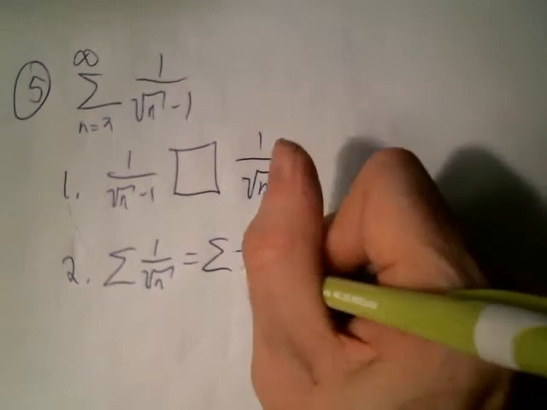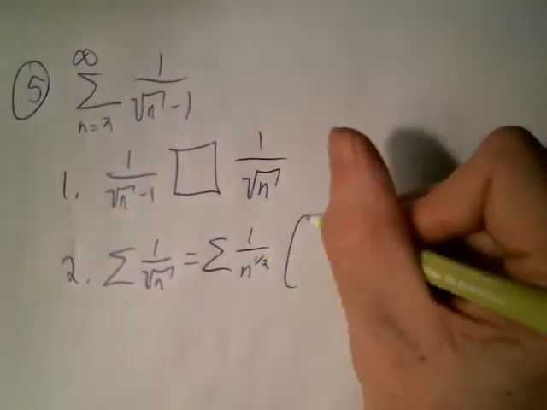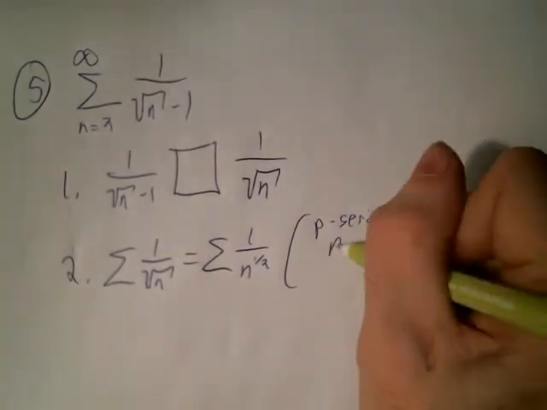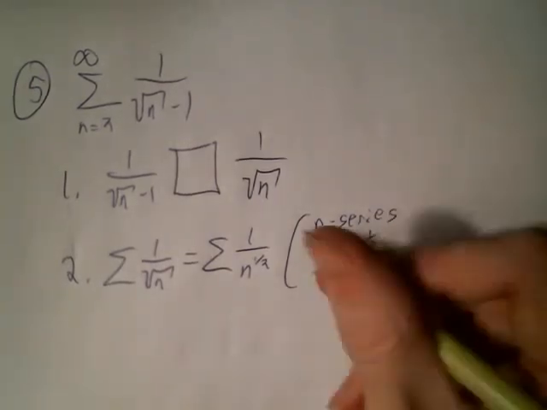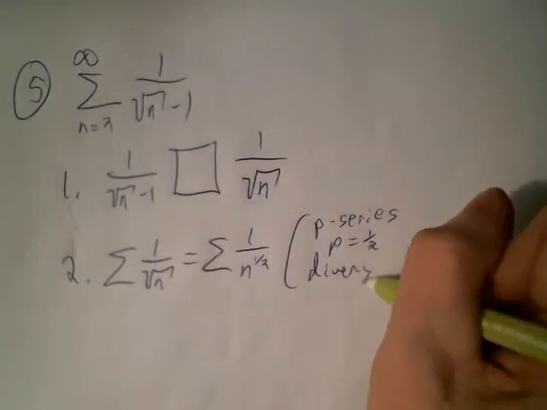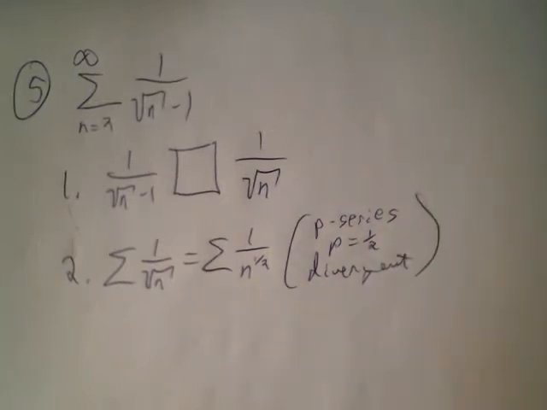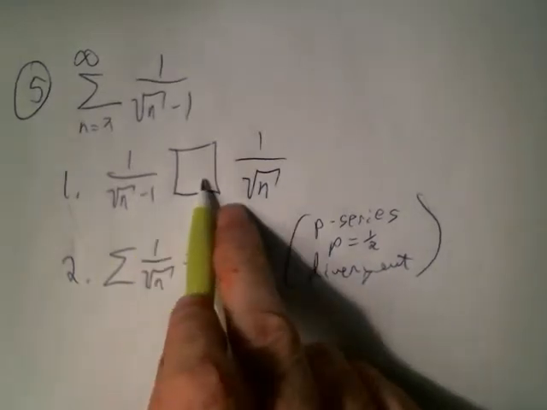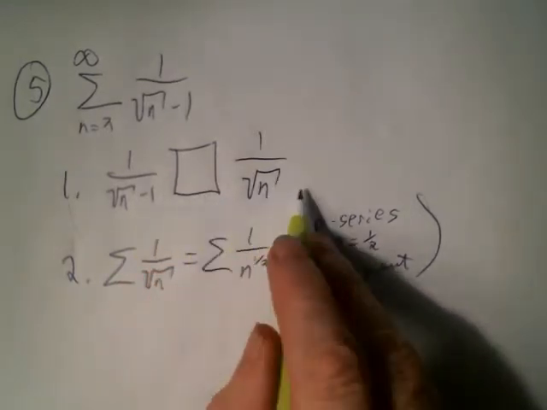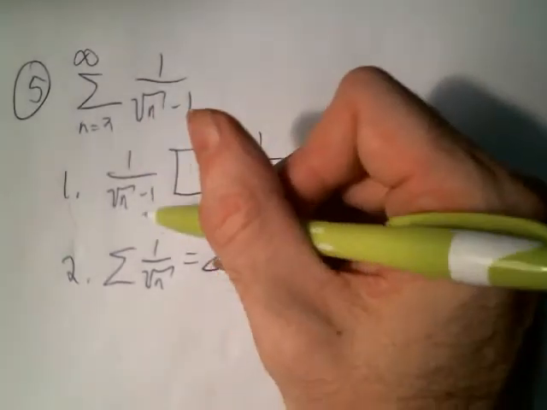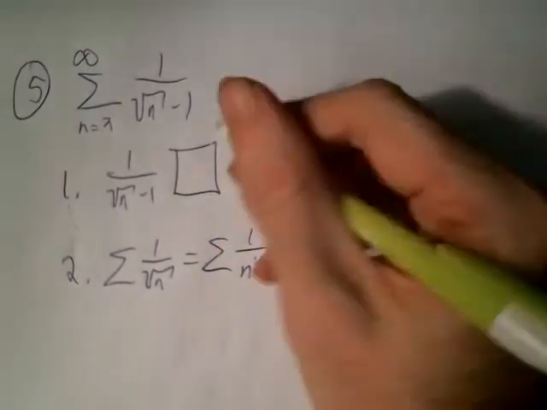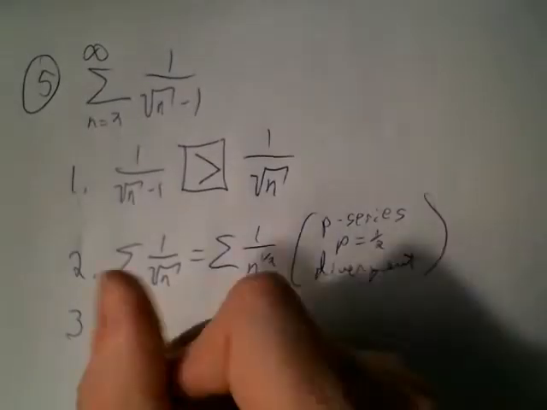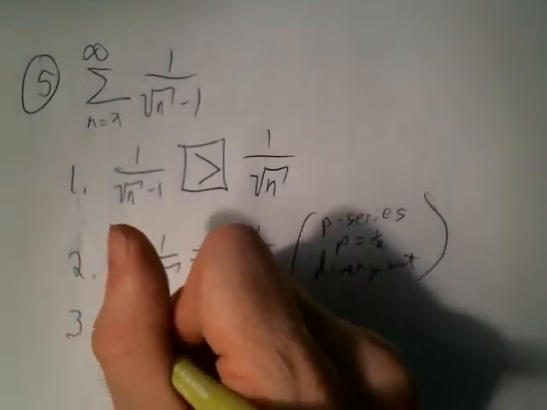That's equal to 1 all over n to the 1/2. And that's divergent. Okay, so we kind of need this guy to hopefully be less than this guy. If it's greater than, we're screwed. We got to do something else. Okay, so going from here to here, I've increased the denominator. Therefore, yeah, that's definitely less than. And I can conclude that the original series diverges.